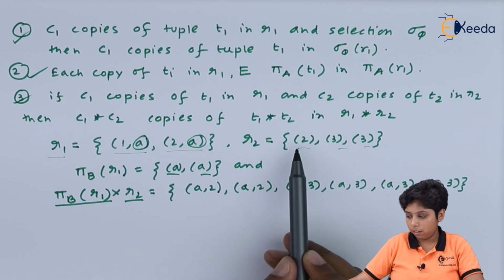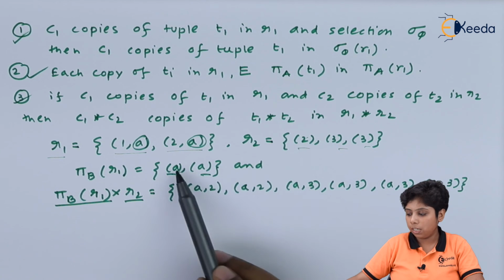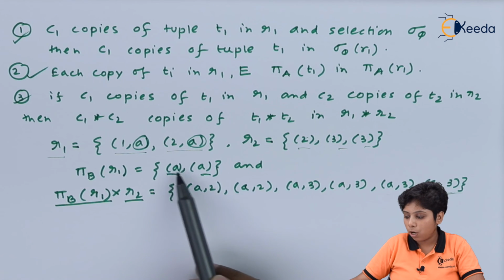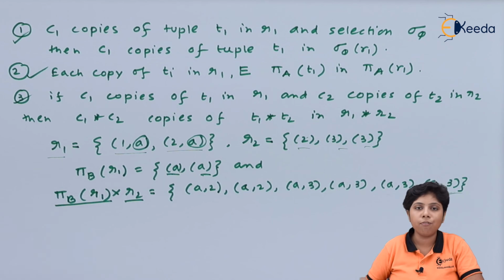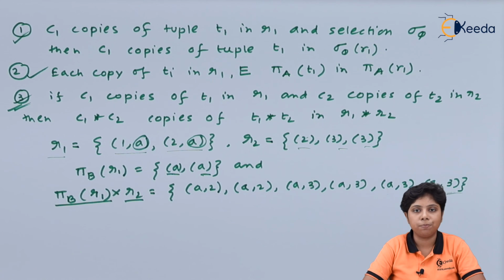So A2, A2, A3, A3 and A3, A3 will be there as my result. So we can see there are 1, 2, 3, 4, 5, 6. So 2 into 3 is 6 and there are exactly 6 copies of the tuples. So that satisfies the third issue.